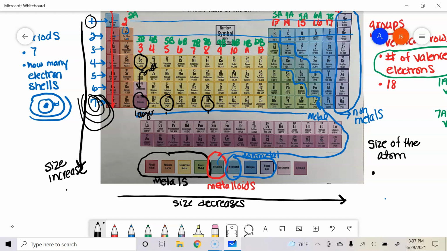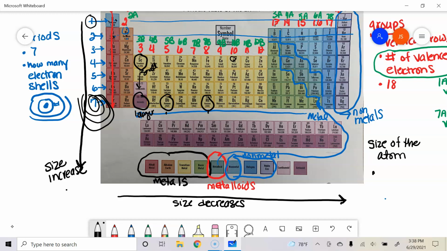So just from the periodic table, we learn how many protons there are, right? And that's just looking at the atomic number. We know that they're arranged from left to right. So 1 proton, 2 protons, 3, 4, 5, 6, 7. We know how many electrons there are based on the number of protons. We know how many electron shells there are based on the period number, 1 shell, 2 shells, 3 shells, 4, 5, 6, 7. We can get a general idea about some characteristics because metals are going to be shiny and conduct electricity.